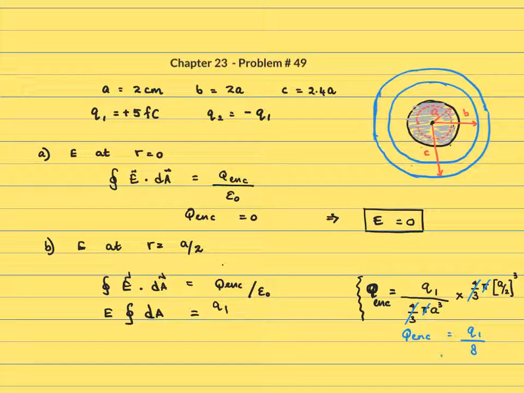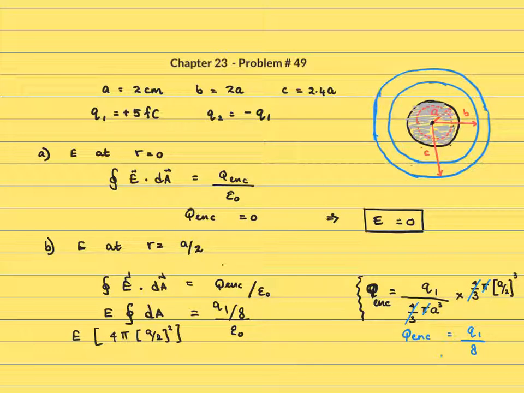So coming back to this, enclosed Q is Q1 divided by 8, divided by epsilon, and E times the area of the Gaussian sphere that we are looking at. The area of a sphere is 4 pi r squared. So here you got 4 and pi, and r squared is a over 2 squared.